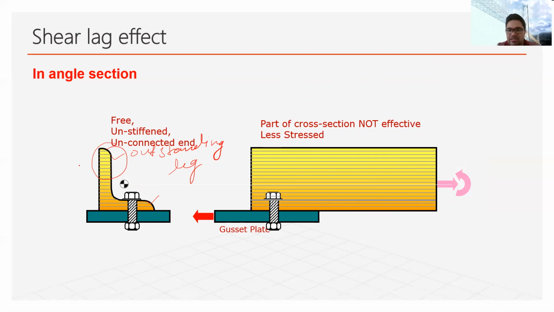Now in this diagram, see properly, there is animation coming. This red zone is showing the effective part of the angle, while this yellow zone is not effective. When such a case arises, when we are not able to utilize some part of the section properly, the phenomenon which arises is the shear lag effect, which means we are not able to use this angle section properly.